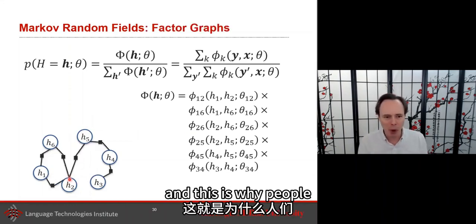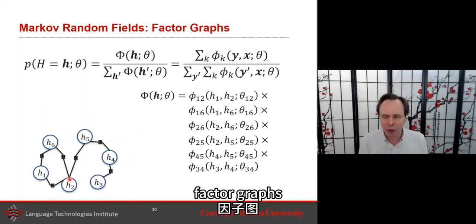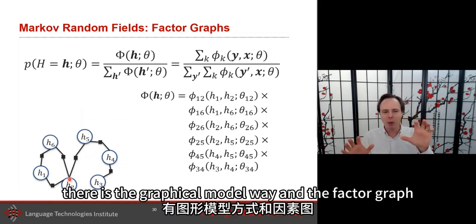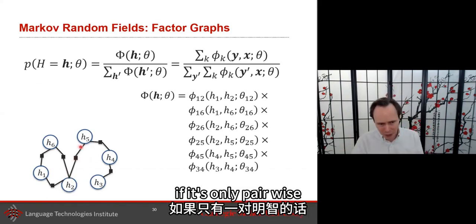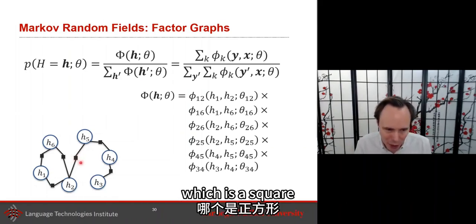And this is why one of my preferred representations is in fact factor graphs. It's another way to represent the Markov random field. There's the graphical model way and the factor graph. The factor graph here, if it's only pairwise, is in this case going to just add this new factor, which is a square.